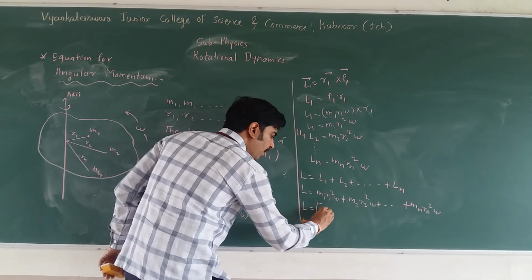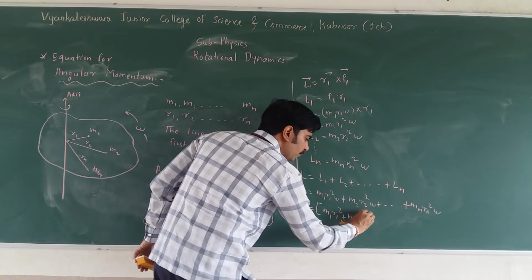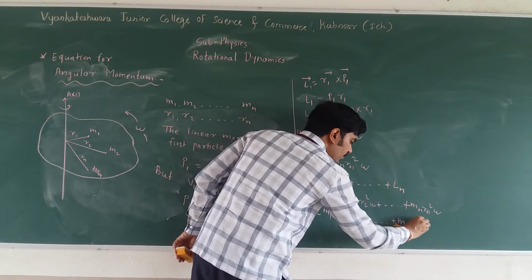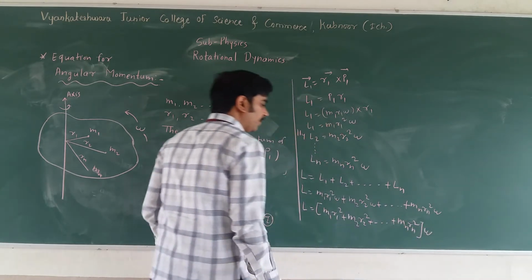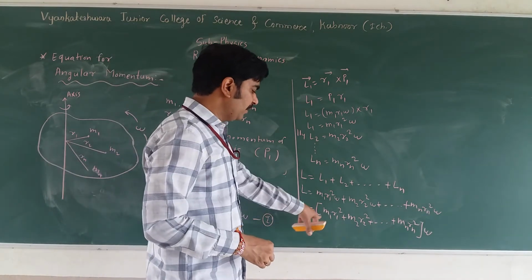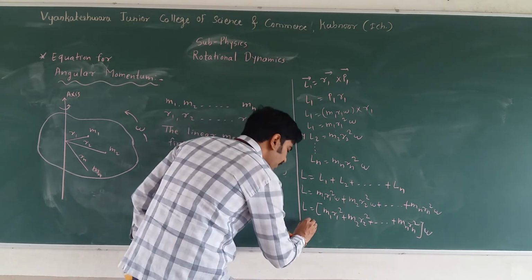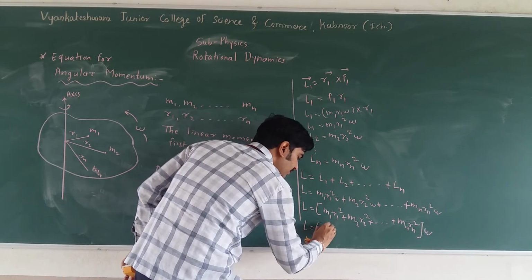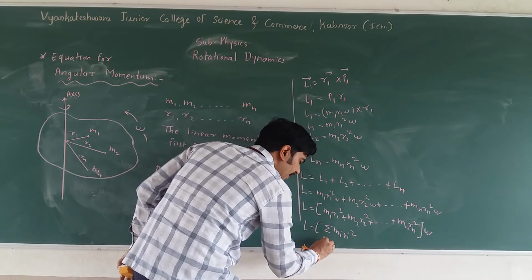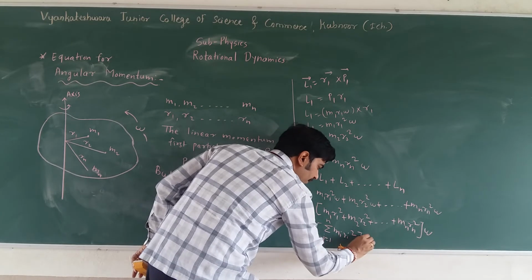Now, m1 r1 square plus m2 r2 square up to plus mn rn square, into omega. As we have studied, m1 r1 square, m2 r2 square up to mn rn square is nothing but the summation of mi ri square, i equal to 1 to n, into omega.